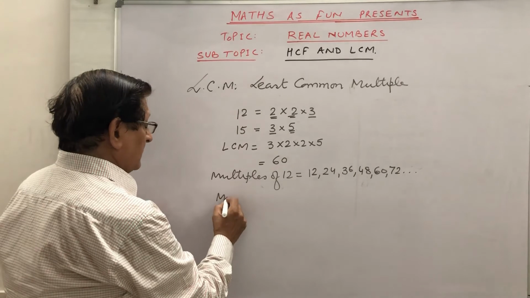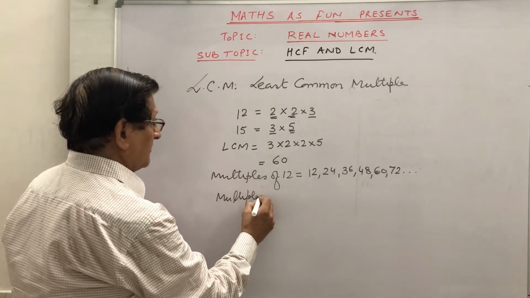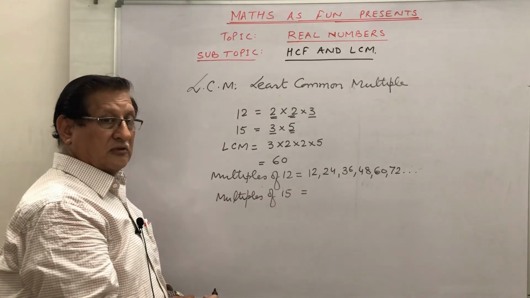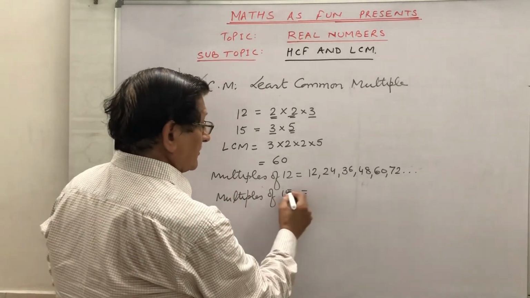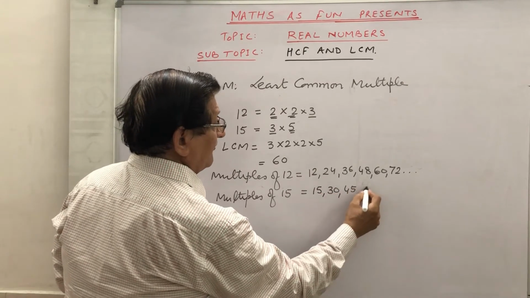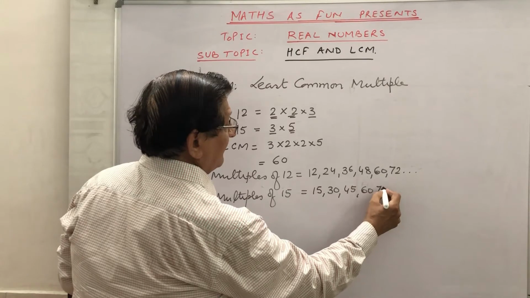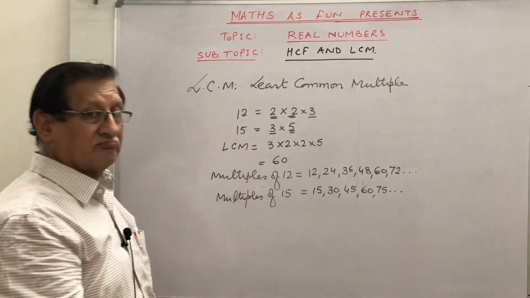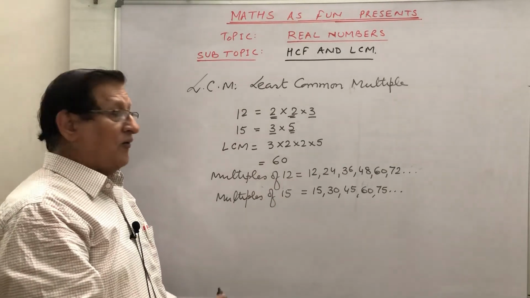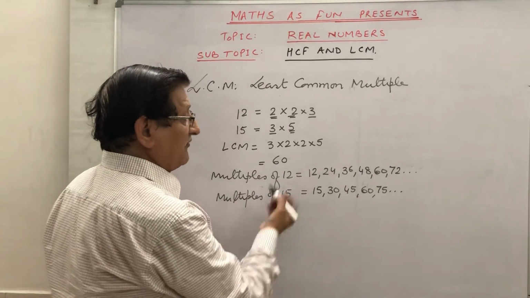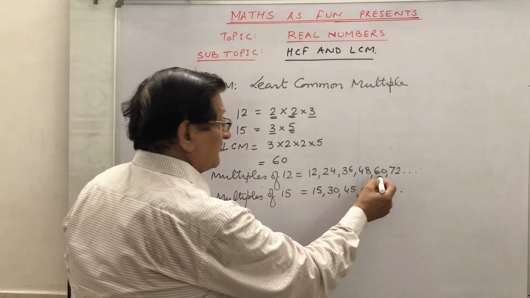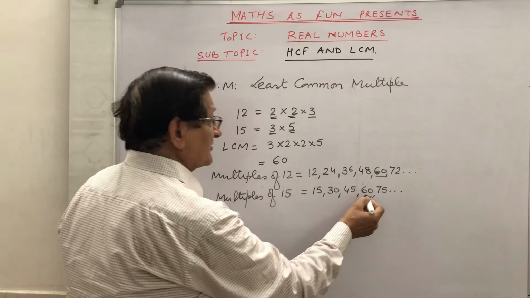If we go for multiples of 15, then we know that multiples of 15 are 15, 30, 45, 60, 75 and so on. They are all common multiples of 12 and 15. What is the least common multiple? From these, if we find the common one, the first common number we are finding is 60.